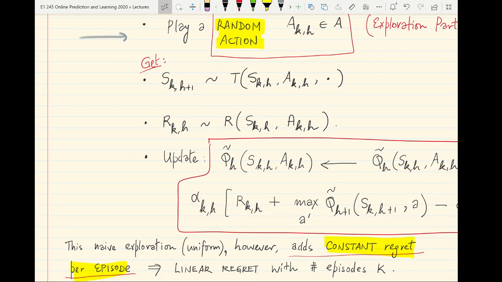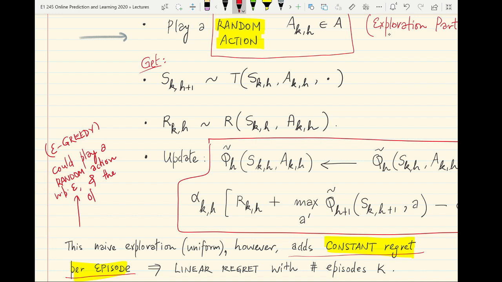Okay, so one way to fix this could be that one could play a random action. So you could basically do epsilon greedy, which is that you play a random action with probability epsilon and the optimal action suggested by the current Q value estimates Q tilde with probability 1 minus epsilon.